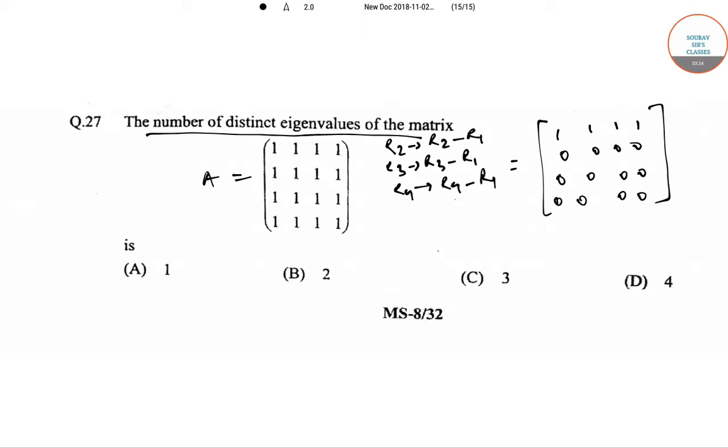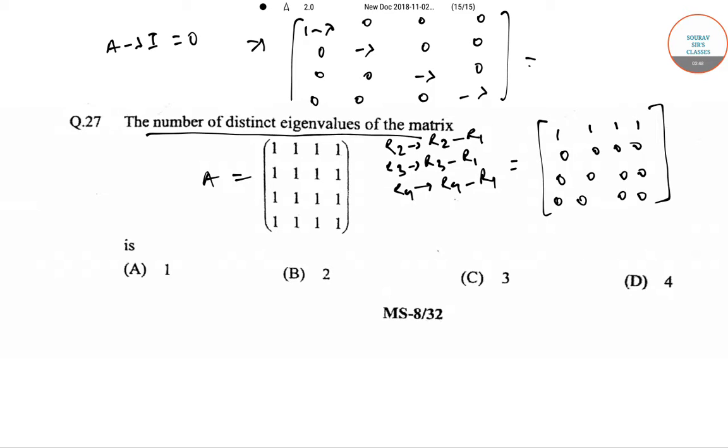So now to find the eigenvalues, A minus lambda I is equal to 0, where I is the identity matrix, we get 1 minus lambda 0 0 0, 0 minus lambda 0 0, 0 0 minus lambda 0, and 0 0 0 minus lambda to be equal to 0.